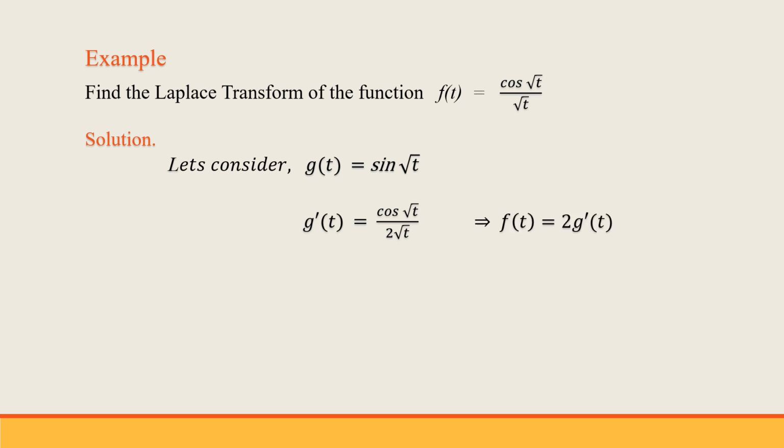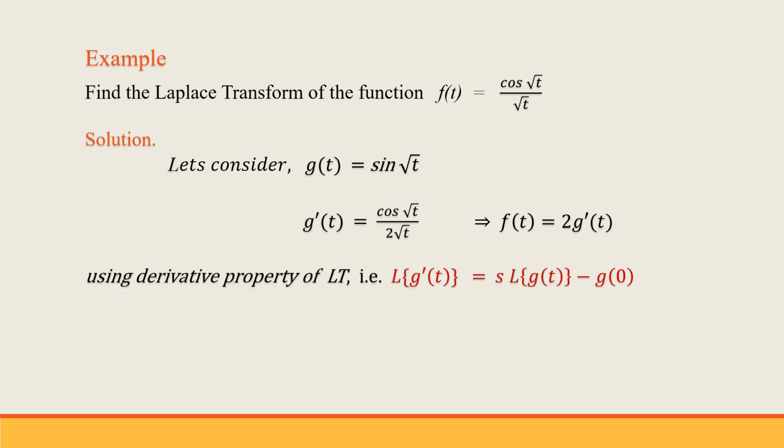So we can write ft equal to 2 times g dash t. And by using the derivative property of Laplace transform, we can write the Laplace transform of g dash t equal to s into the Laplace transform of gt minus g0.